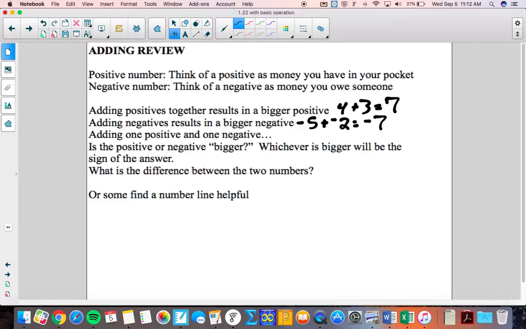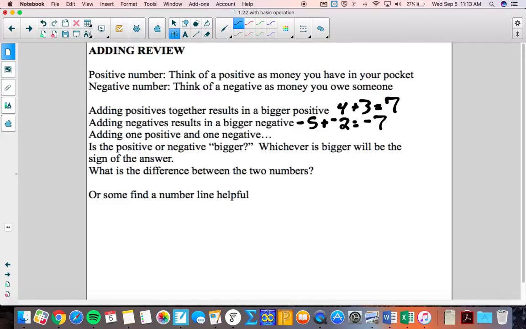Now, when you add one positive and one negative number together, you could have a positive answer or a negative answer. And the question you've got to ask yourself is, is the positive bigger or is the negative bigger? I think of it as a tug of war or a battle between getting to keep your money versus owing somebody money.